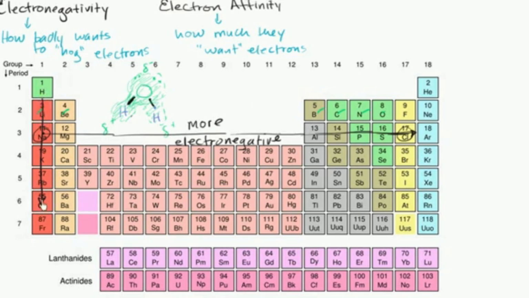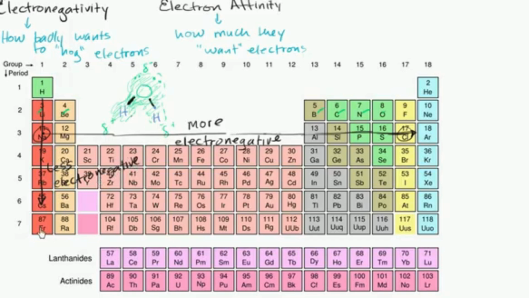Because of that, there's more interference between that electron and the nucleus from all the electrons in between them, and also it's just further away, so it's easier to grab it off. So cesium is very likely to give up electrons. It's much more likely to give up electrons than hydrogen. So as you go down a given group, you're becoming less electronegative.